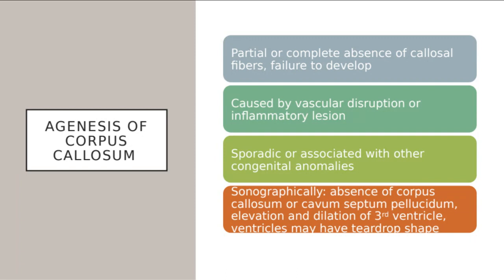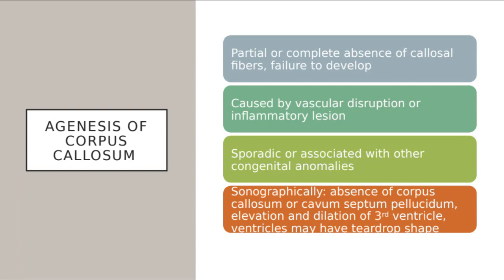Depending on the severity, maybe not going to see the cavum septum pellucidum. We could see dilation of the third ventricle. That third ventricle could actually start to move upward because the corpus callosum is not there. So it's going to kind of migrate upward. And the ventricles may start to change their shape as well. So they're going to have a little bit more of a pointy teardrop shape.